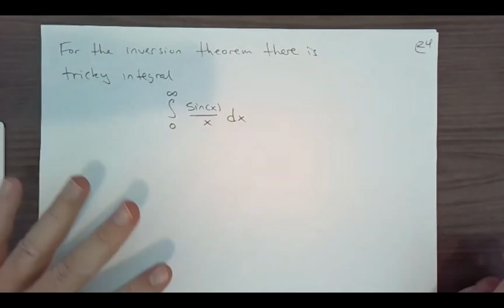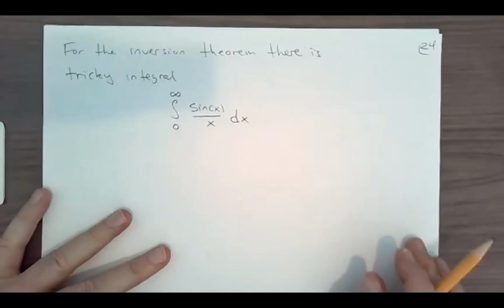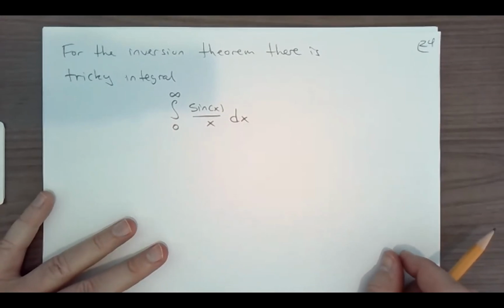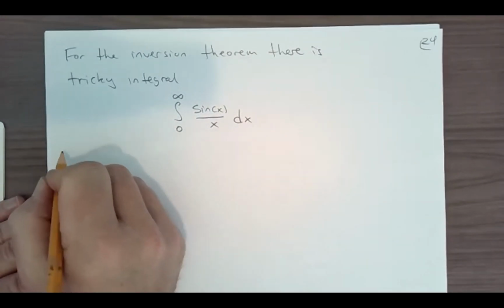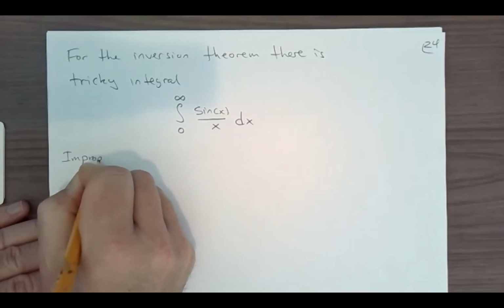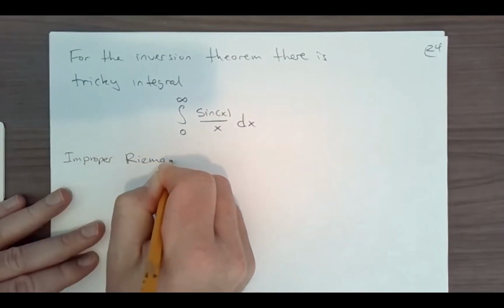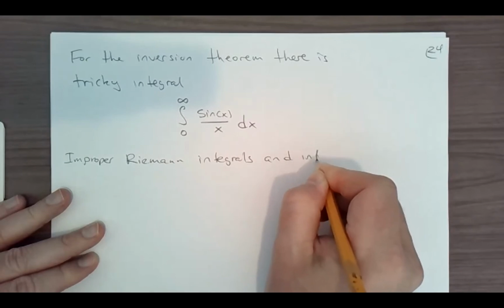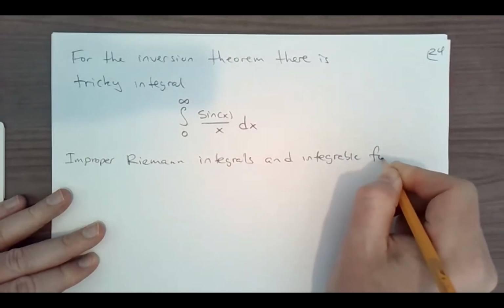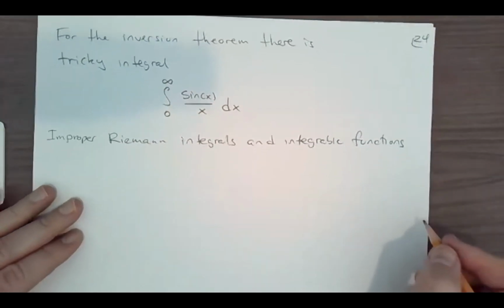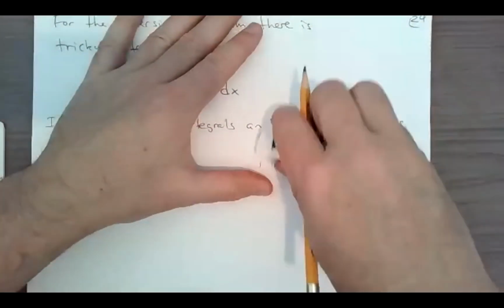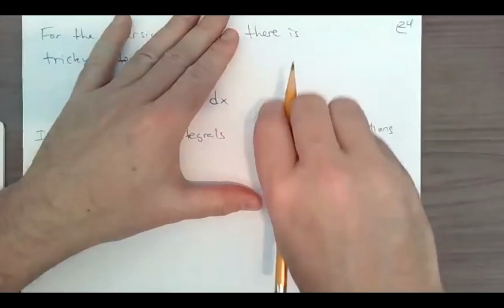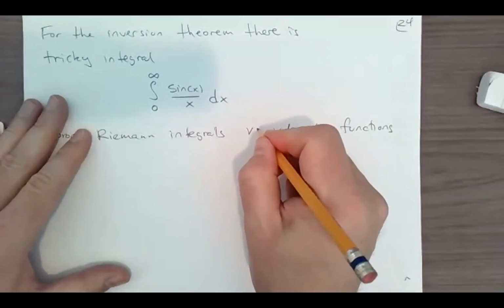This is a simple example of a case where there is a difference between improper Riemann integrals and integrable functions. Very often one uses these two things interchangeably. Here, unfortunately, there's a difference.